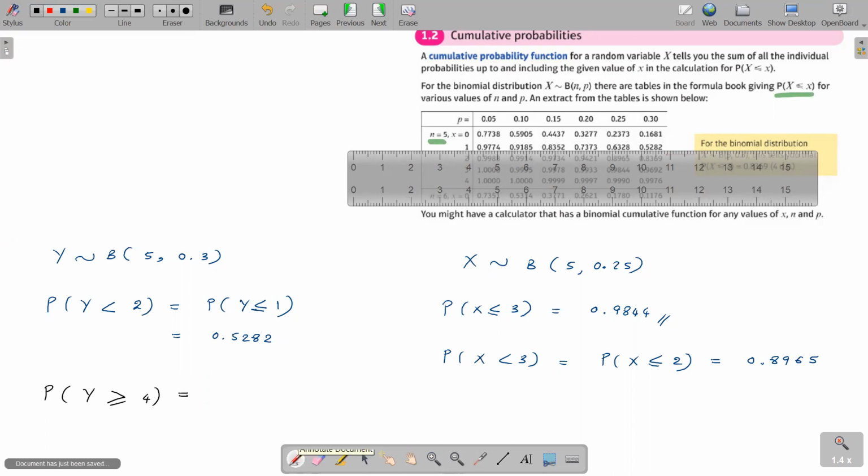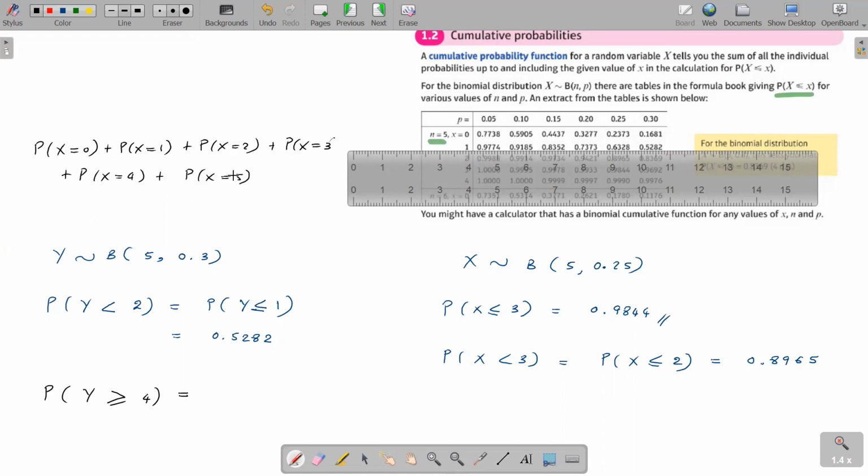Now, so greater than, you should know here there are only 5 trials. So which means the probability x is 0, the probability x equal 1, the probability x equal 2, the probability x equal 3, the probability x equal 4, and the probability x equal 5. I can't go for x equal 6, right?